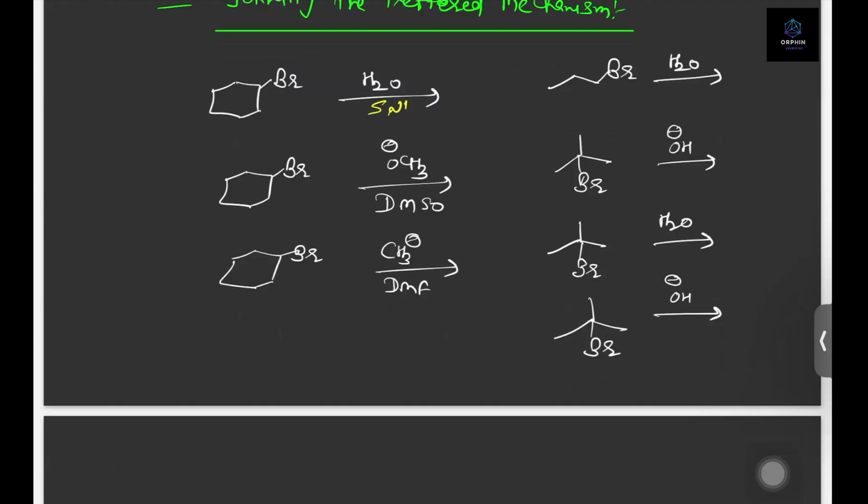I think SN1, sir. Which one are you talking about, the first one you circled? No, actually that is a 1 degree alkyl halide. Although the solvent is water, which favors SN1, in 1 degree it is very difficult to perform SN1, so SN2 will happen. Next, DMSO will do SN2.